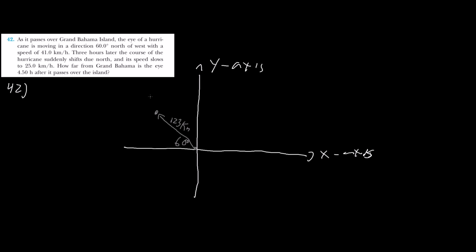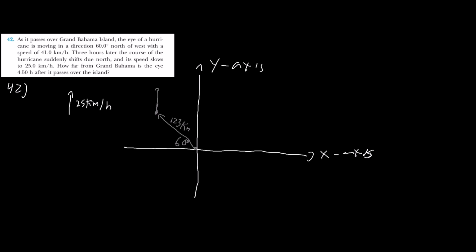So after 3 hours, in that brief moment, the speed just jumps radically to 25 kilometers per hour due north. I'm going to treat this as the position vector, but I'm going to find where this is going to end up.